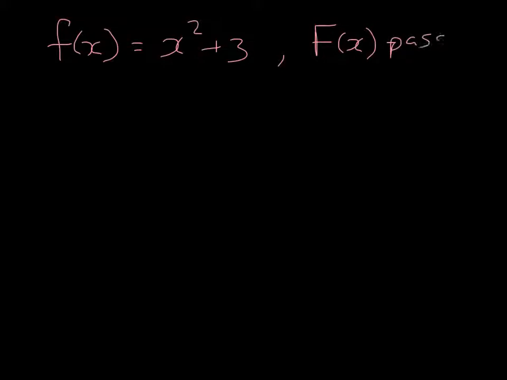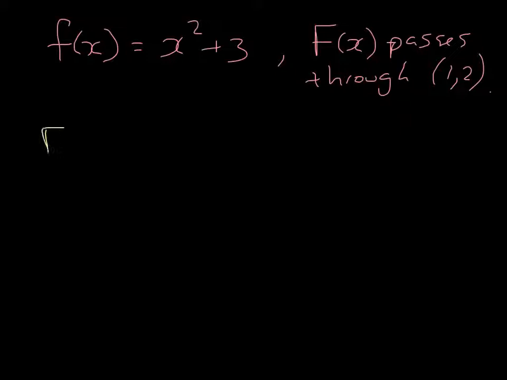If we have a function of x is equal to x squared plus 3, and we're told that the antiderivative of that passes through the point (1, 2), then what we need to do is we take the antiderivative like we normally would.